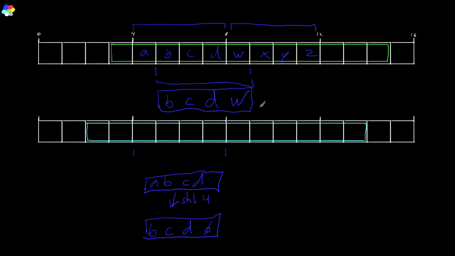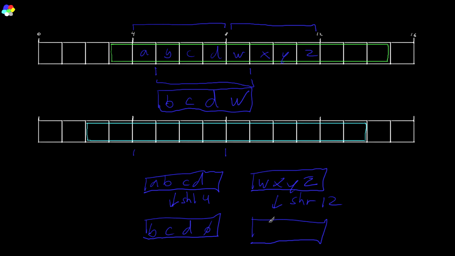Now for this one here, W, X, Y, Z, we're going to shift this one right by 1, 2, 3 pixels, which is 12 bytes. And that'll give you 0, 0, 0, W.